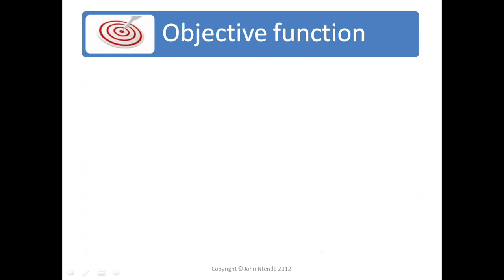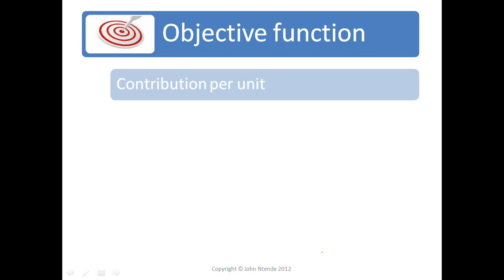The next step was to determine the objective function. Now, I told you the objective is to maximize profit. From the information given, we can calculate the contribution, which is simply the selling price less variable costs. So contribution is very similar to profit. In this case, we're going to use contribution, which has been given as the selling price minus variable cost.